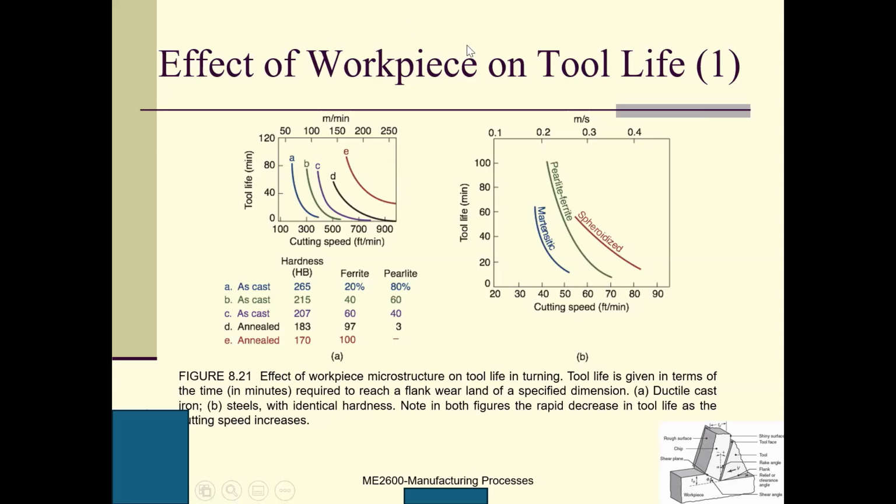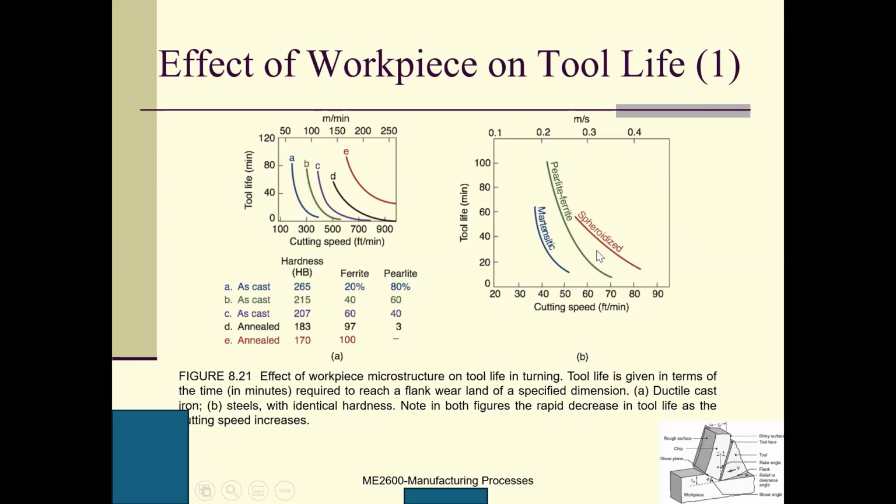So here is the effect of workpiece on tool life. The cutting speed is on one axis and the tool life is written in minutes. You can see that as the cutting speed increases, the tool life decreases exponentially. That means the cutting speed plays a very, very important role in tool life. A, B, C are different materials.